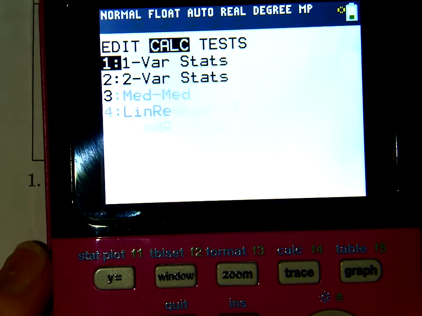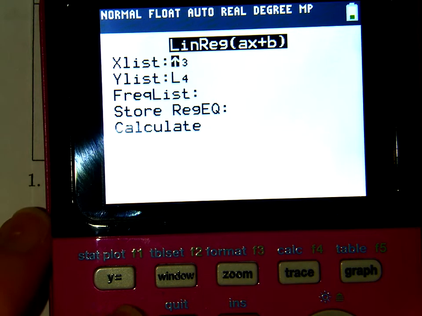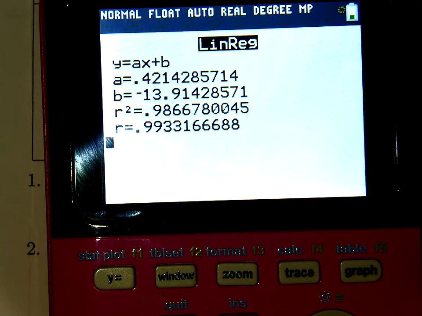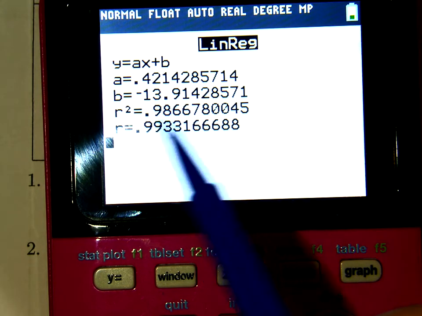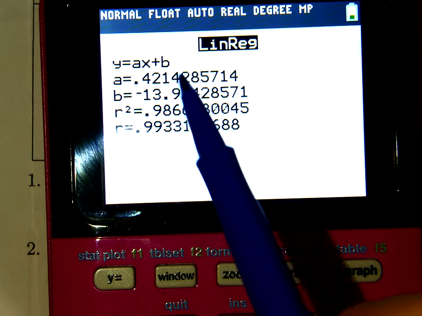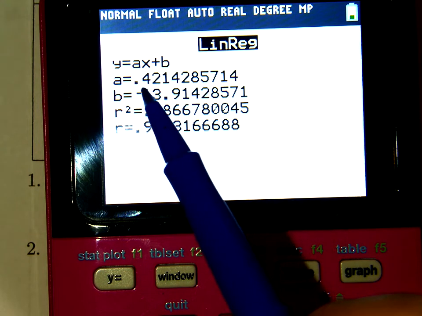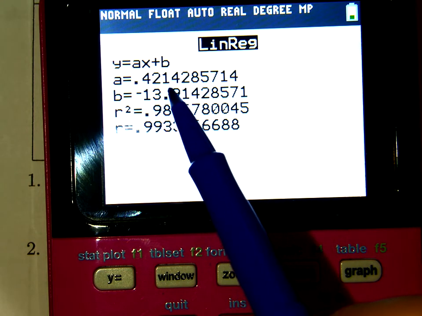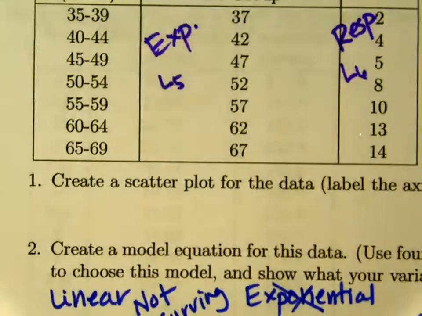Okay, so we go stat, calculate the linear regression model. This is list 5 and list 6, and we're ready to rock. It looks like we have an initial value of negative 13.9143, and we have a constant increase of 0.4214 or so. Let's jot that down.